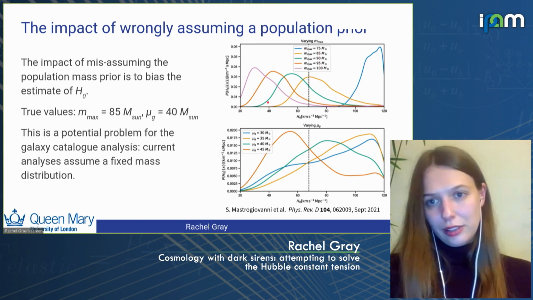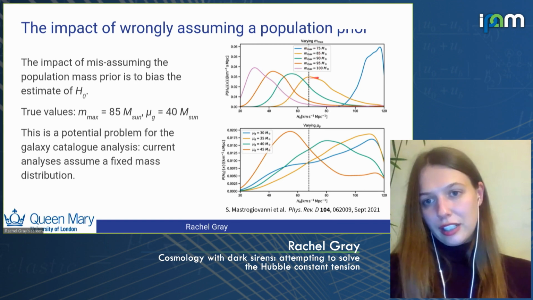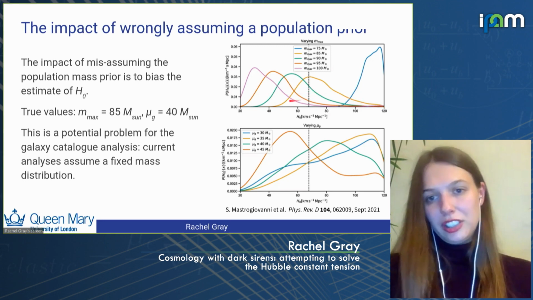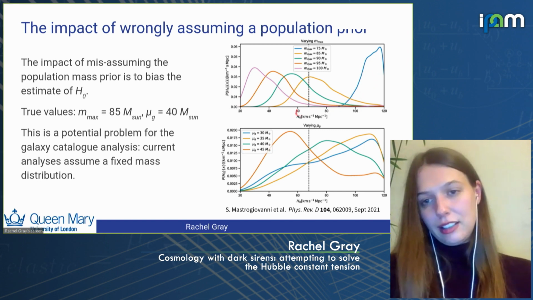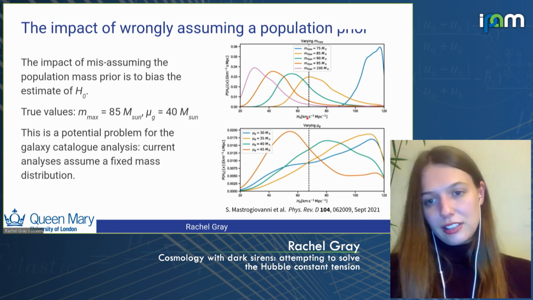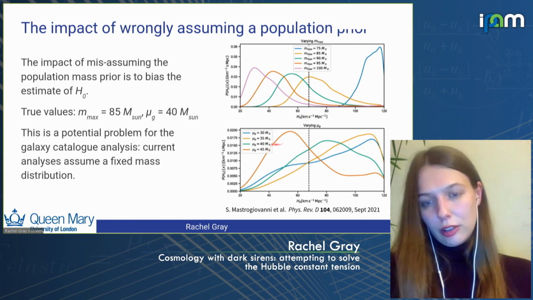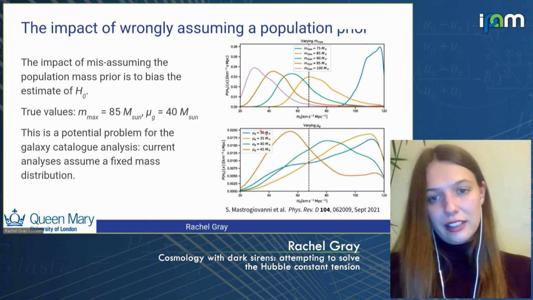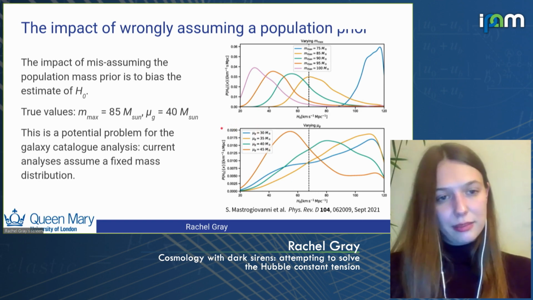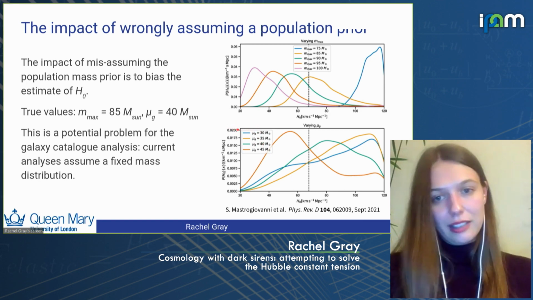I think the correct one is 85. But if you fix it to values away from that, you end up with a constraint on the Hubble constant which does not match so well, or is in some cases completely inconsistent with the true value of the Hubble constant. And there's a similar, although less dramatic, effect in the position of the mass, the Gaussian peak.